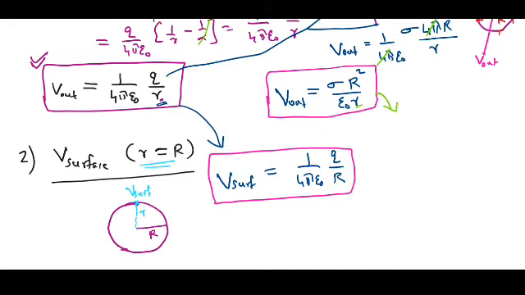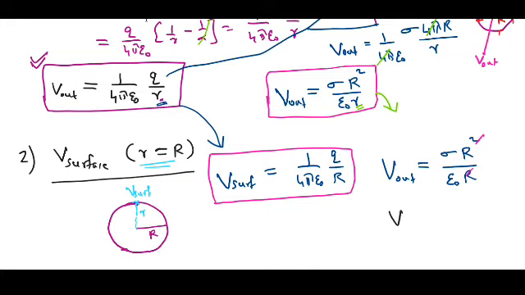Here instead of small r, I can substitute capital R, that is, V can be written as sigma R square divided by epsilon 0 capital R. Here this one and this R cancelled.